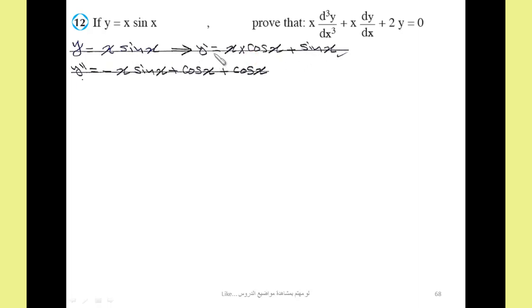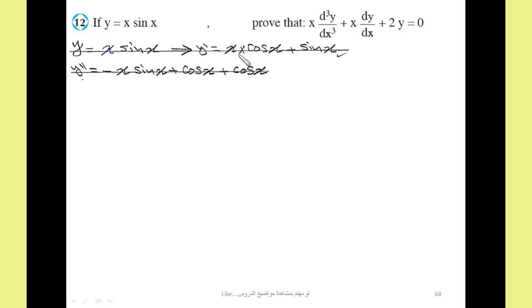So y dash equals x cosine x plus sine x, and we make a differentiation for a second time because we need to calculate d3y, the third derivative, y triple dash. So y double dash equals, when we make a differentiation here, we have the product of two functions.